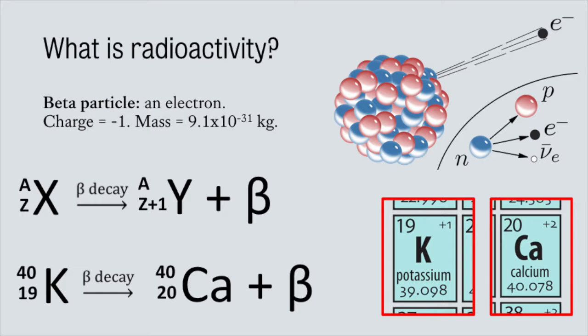During the process of beta decay, the number of nucleons in total stays the same, but an additional proton is formed from a neutron with the emission of a beta particle. So what new element does this produce? If you have a look at the slide, potassium-40 decays to calcium-40.